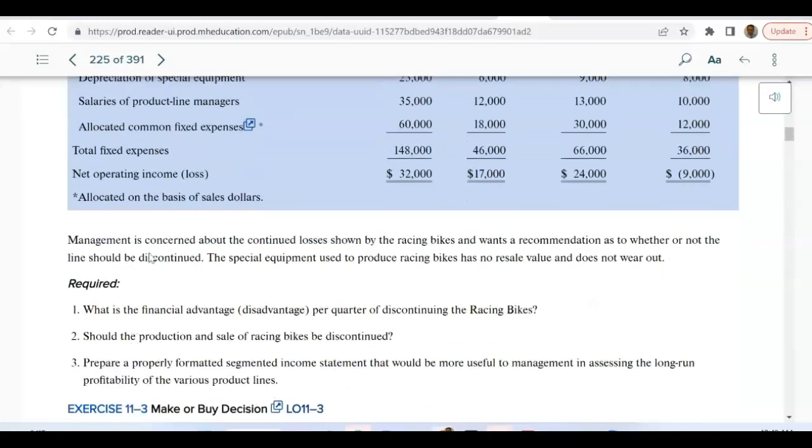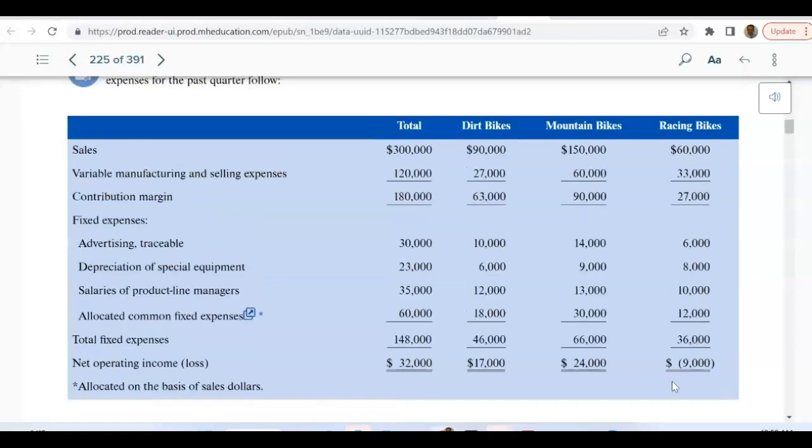Now, it says management is concerned about the continued losses shown by racing bikes and wants a recommendation as to whether or not the line should be discontinued, just because the racing bike, as you see here, it's a negative, right? So the management has the issue. But as I said, you put the common fixed expenses in here, that's why the racing bike looks bad in here, right?